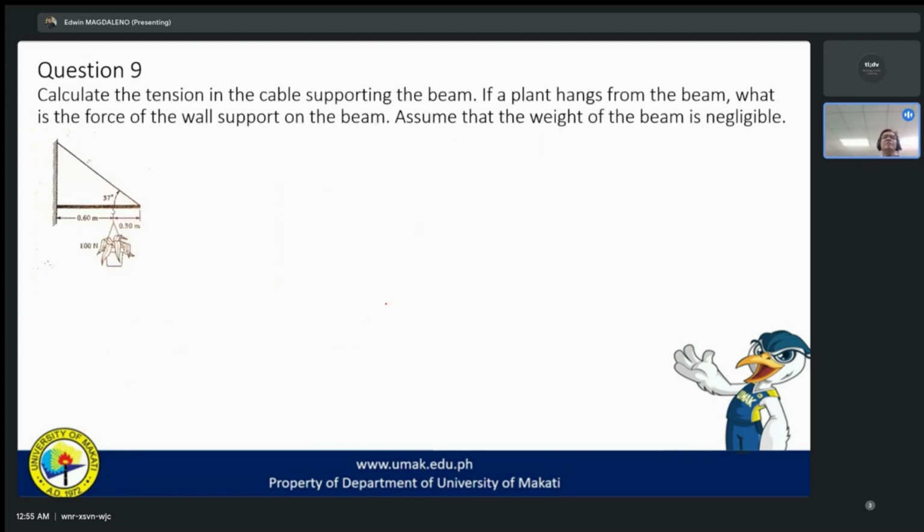Number 9. So this time, it is still statics. But as I have told you, in statics, tatlo ang summation na kailangan natin gawin. We have the summation of forces along the X, summation of forces along the Y, and summation of torque. Okay? Kasi pagka may unbalanced force sa torque, that force will cause that body to rotate.